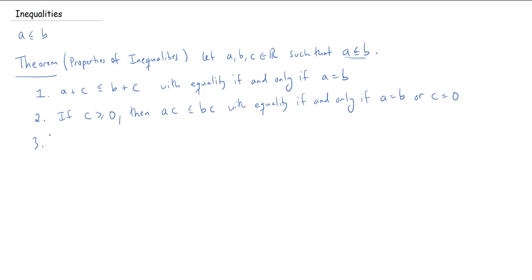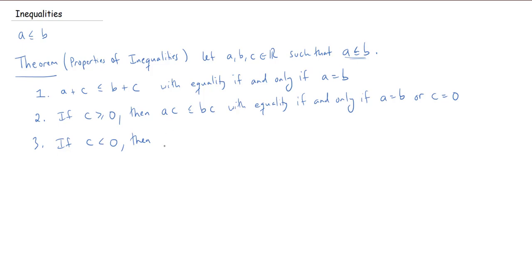All right, the third case, well, what if C isn't positive or 0? What if it's negative? So if C is a negative number and I multiply both sides of this inequality by C, well, multiplying by a negative number is going to reverse the inequality.